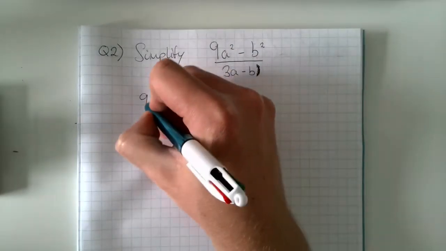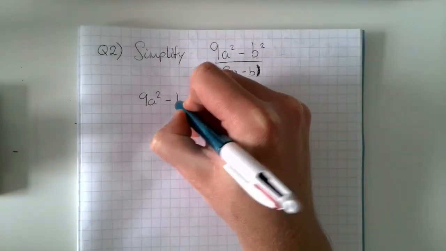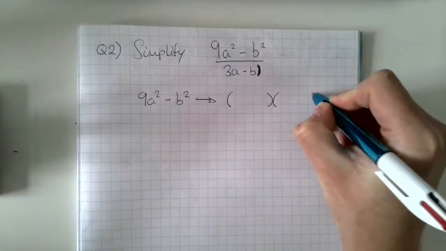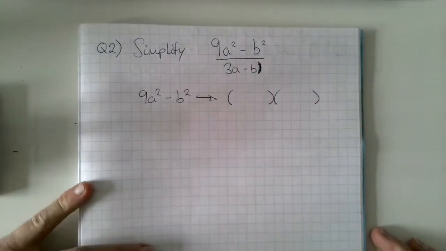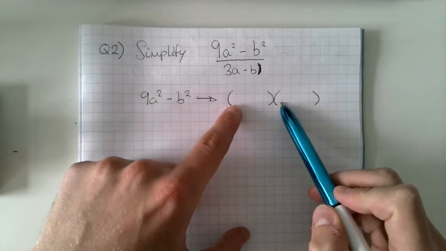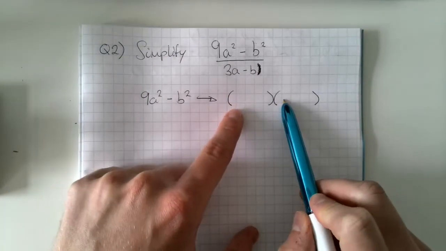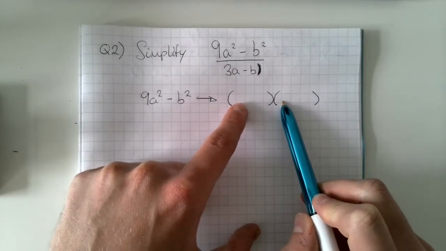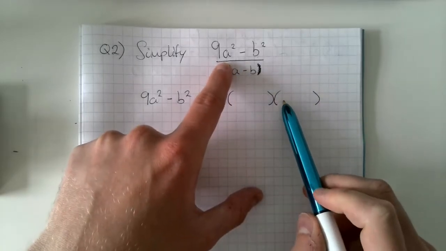So I need to put 9a squared minus b squared into 2 brackets, double brackets. And I know that when I multiply the first 2 terms, I'm hoping to get 9a squared.